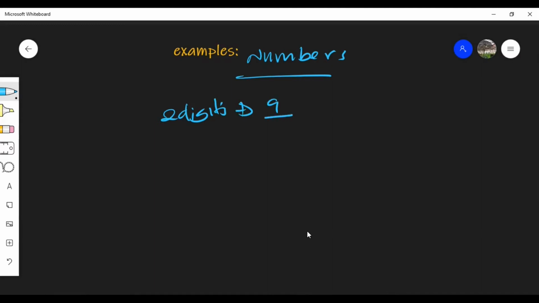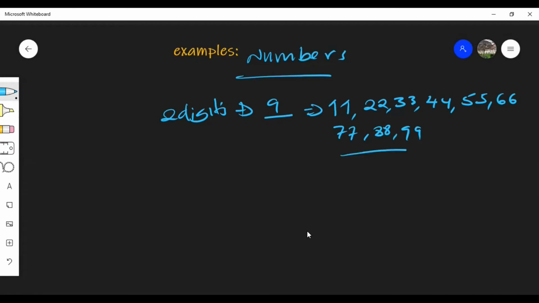That is 11, 22, 33, 44, 55, 66, 77, 88, 99. These are 9 palindromic numbers below 100.